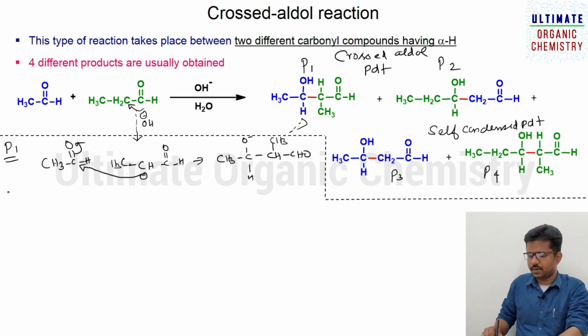Now let us discuss product 2 formation. After the loss of H plus, this hydrogen is reacting. OH minus is taking this hydrogen and it forms this anion, and this anion is reacting with propanaldehyde.